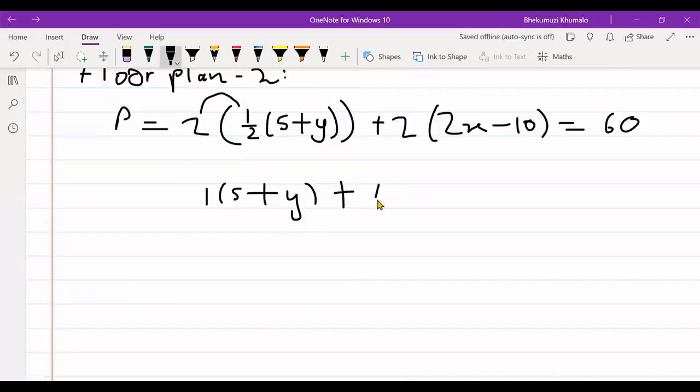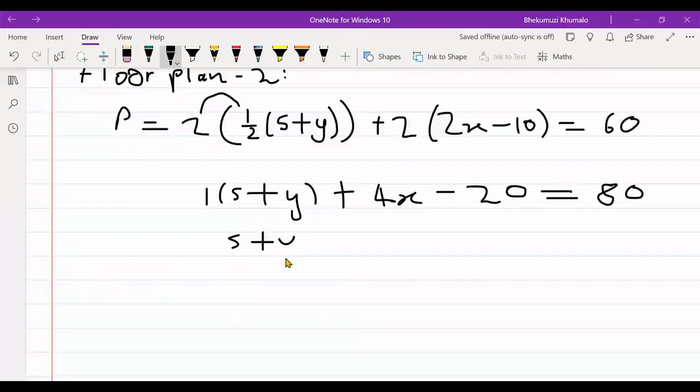And here it would be 4x again. And then that would be minus 20. That's equals to 80, right? And then basically we actually just have 5 plus y plus 4x, right? Minus 20. And that's equals to 80.